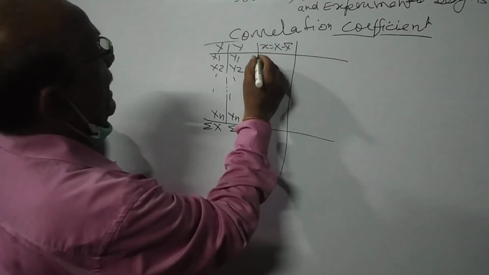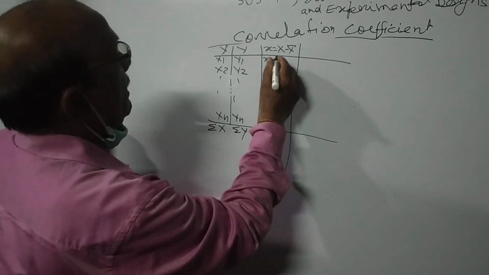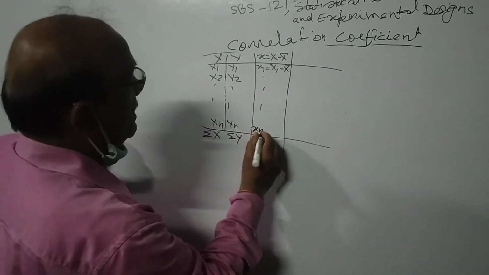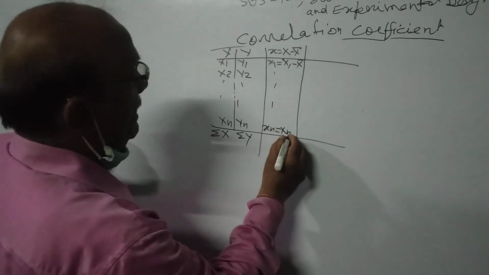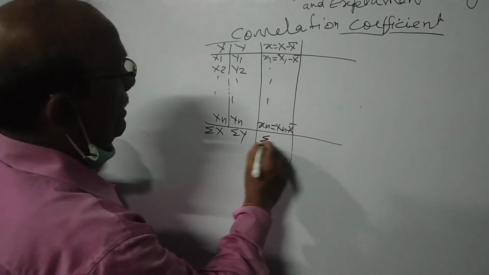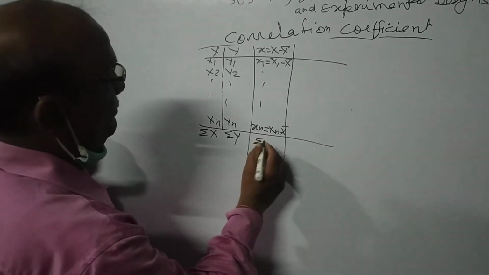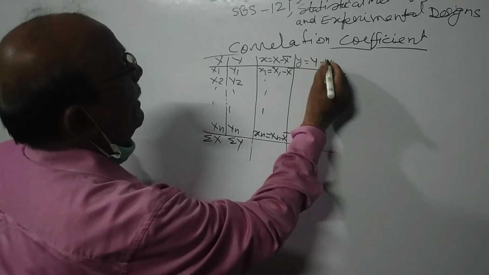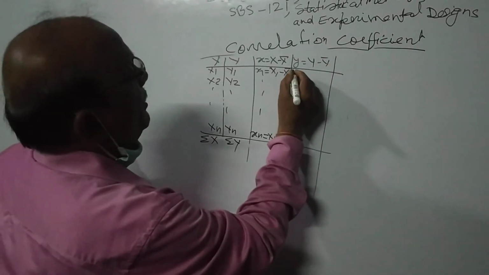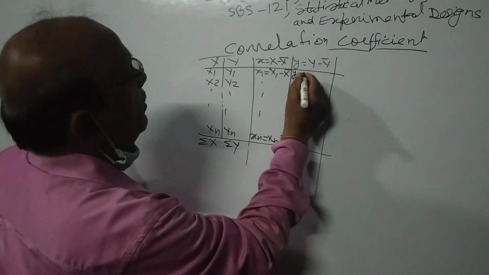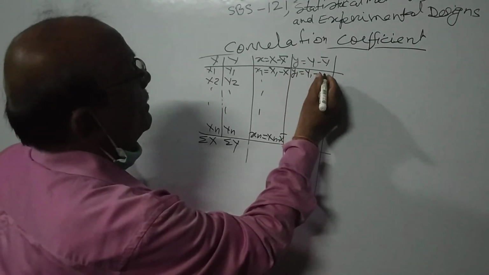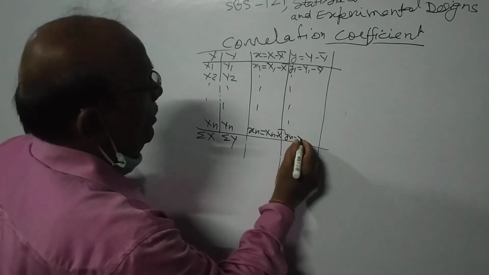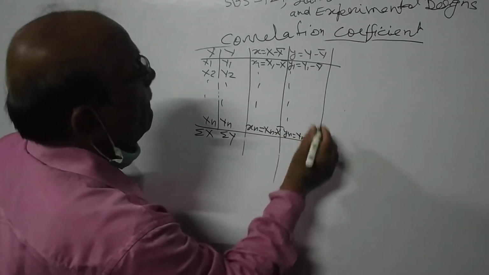So small x1 is equal to x1 minus x bar, up to small xn equal to xn minus x bar. Similarly, small y1 is equal to y1 minus y bar, and small yn is equal to yn minus y bar.